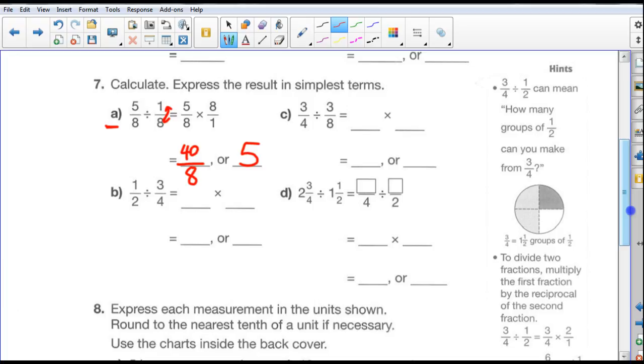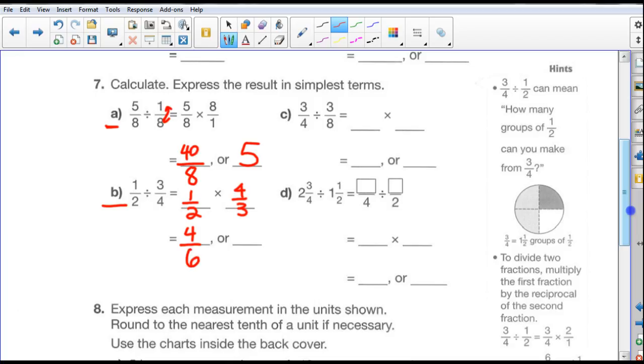Okay, let's do B. 1/2 divided by 3/4. Well, that's the same as 1/2 times the reciprocal of 3/4, the reverse of it, which is 4/3. Now that I've taken the dividing sign out and put it into a multiplication step, it's really easy to finish it off. 1 times 4 is 4, and 2 times 3 is 6.